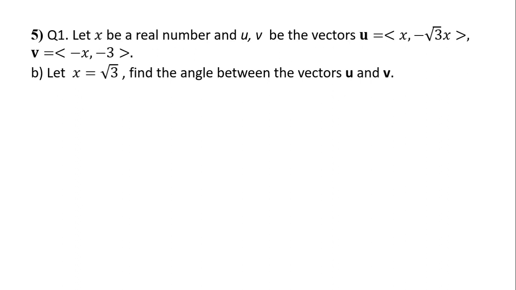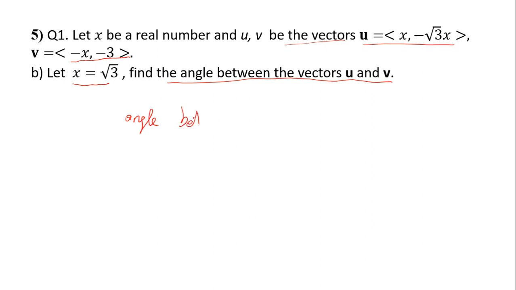Now, let x be a real number, and u, v be the vectors u equal to x, negative square root 3 x, and v equal to negative x, negative 3. Then if x is equal to square root 3, find the angle between the vectors u and v. Now, we have to remember the angle formula here.